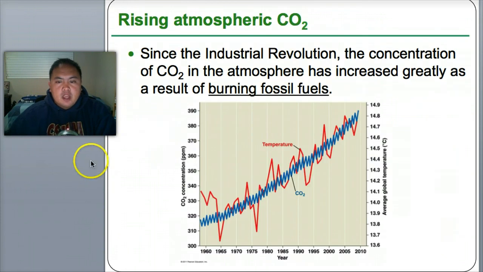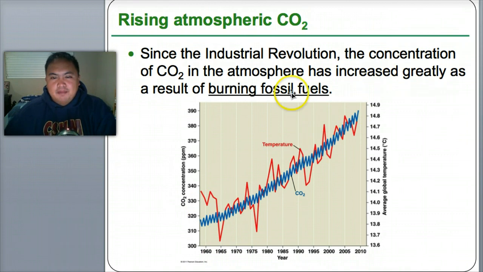As you can see in this chart, made famous by Al Gore in An Inconvenient Truth, the carbon dioxide concentration in the atmosphere has grown exponentially just in the last 50 years, and it's going higher and higher, and quite frankly, it's all because of the burning of fossil fuels.